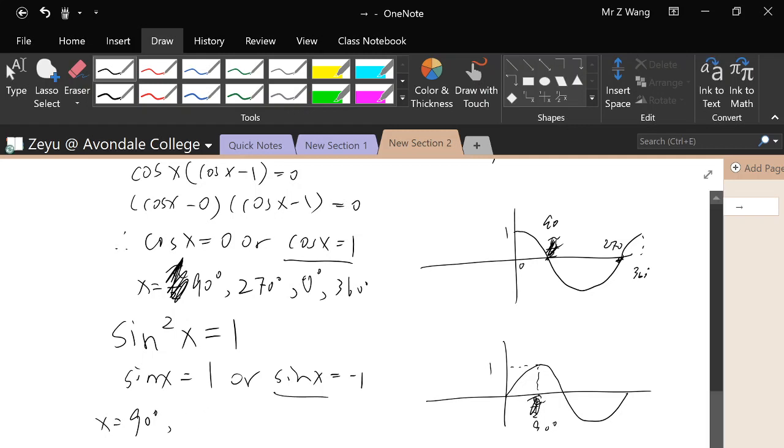So we just only write 90. Sine x equal to negative 1, right? You see? What is this? This is 270 degrees, right? Remember, it also has a twin solution. Let's just calculate 180 minus 270. This is its twin solution, which is a negative answer, negative 90.